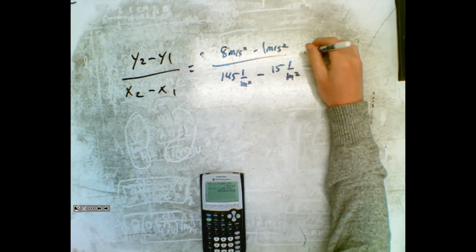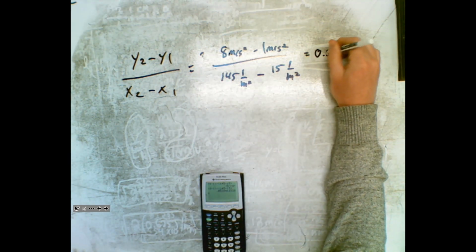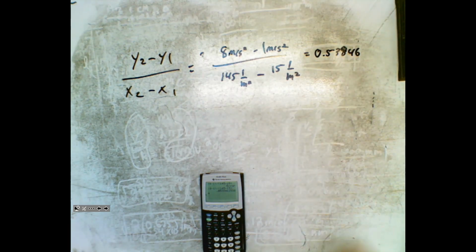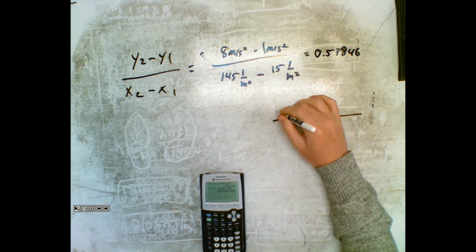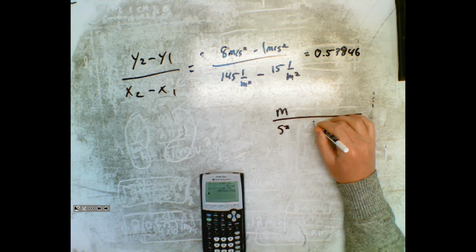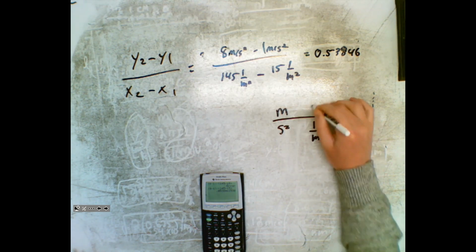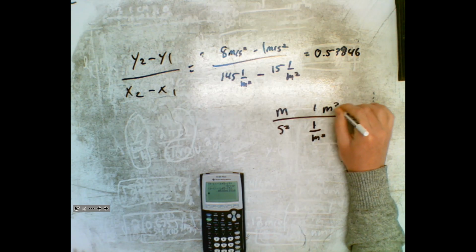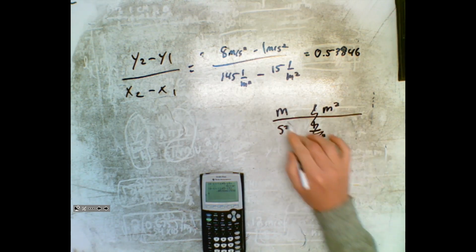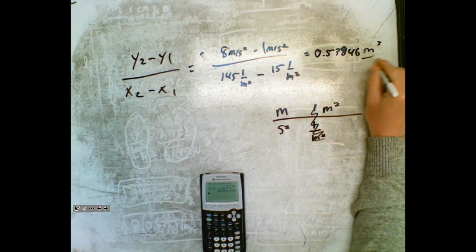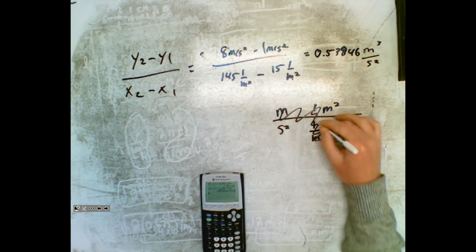And I get my slope to be equal to 0.53846. And my units, so on top I have meters per second squared, and then on the bottom I have 1 over meter squared, right? And again, we have 1 over meter squared, so I can just move the meter squared up top. And I have meters times meters squared, which makes meters cubed, all over second squared would be my units.